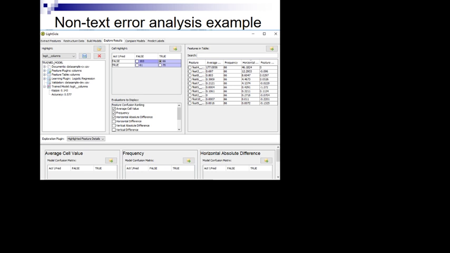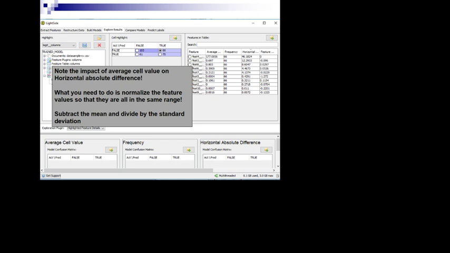Ones with bigger ranges will have higher horizontal and vertical comparisons and vice versa, and that's not what we want. We want to know more precisely differences in distribution, not the differences in range. So we have to normalize the ranges, and this example, I think, does not do that. But when you do it, that's what you should really do.